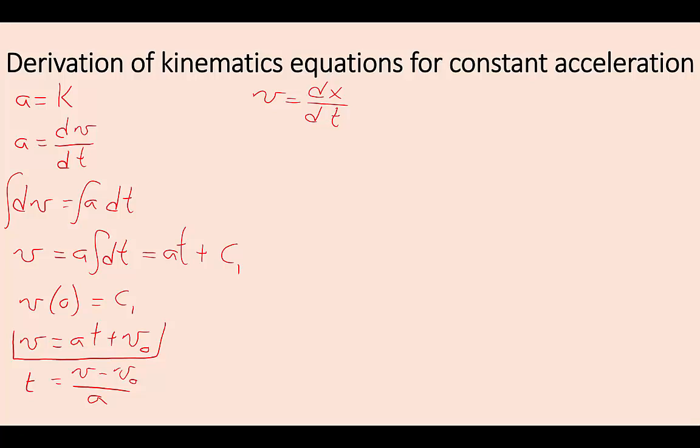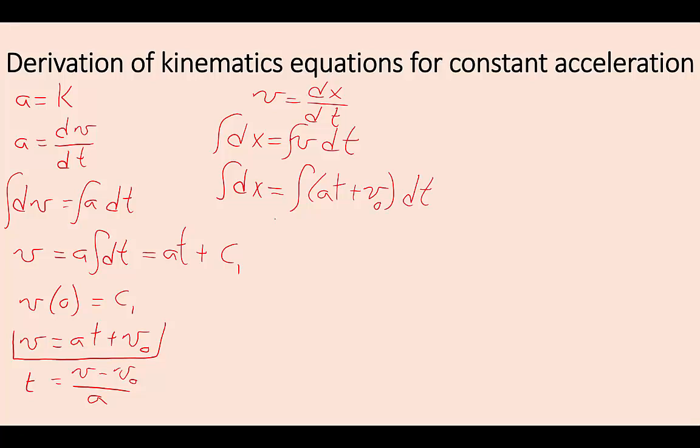Well, if v is dx dt, then dx is v dt, and I can integrate that. And I can use my equation that I just solved for as my v. So then my integral of dx becomes the integral of at plus v naught dt.